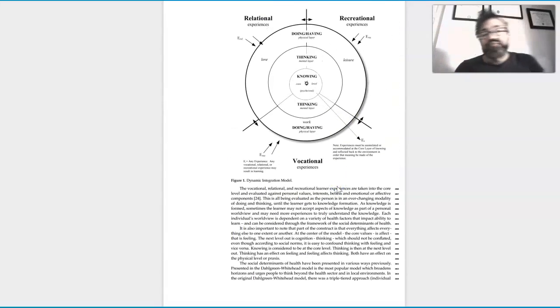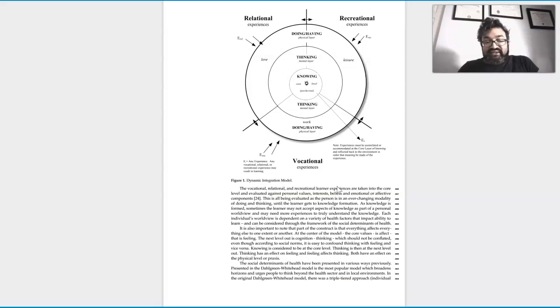Here's one of the theoretical frameworks. Two most dominant theoretical frameworks: one was developed by my colleague, Dr. Gary Szirony, about the dynamic integration model, and also integrating that with the social determinants of health, which is especially important when you're thinking about how some of these dynamics apply within social conditions.